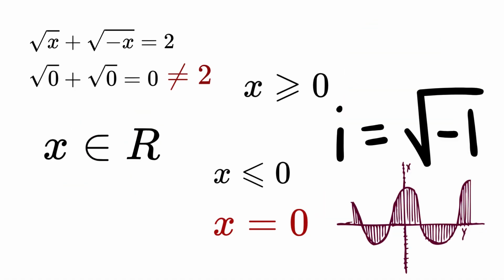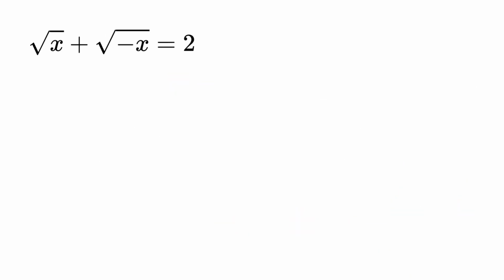And this is how we can solve for x in the complex world. Here, let's make a substitution. We call square root of x equal y, which means x equals y squared. Now, what happens to square root of minus x? So, square root of minus x becomes square root of minus y squared.